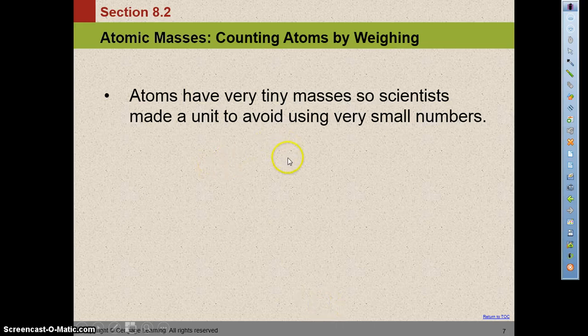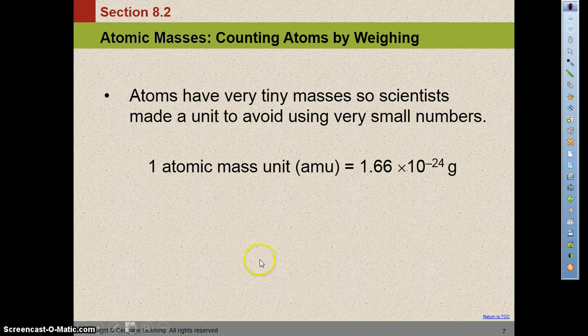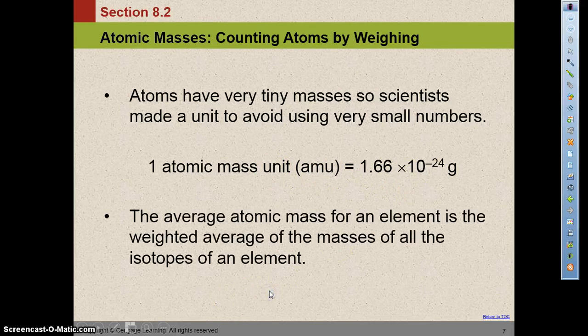So atoms have very tiny masses, so scientists made a unit to avoid using very small numbers. One atomic mass unit, also known as the AMU, is equal to 1.66 times 10 to the negative 24th grams. The average atomic mass for an element is the weighted average of the masses of all the isotopes of that element.